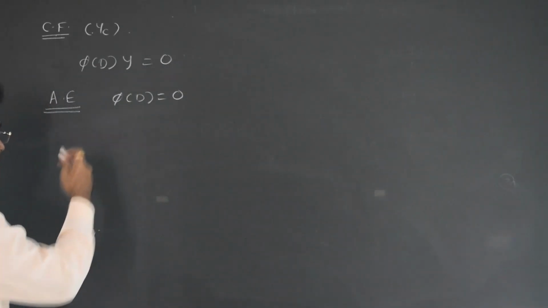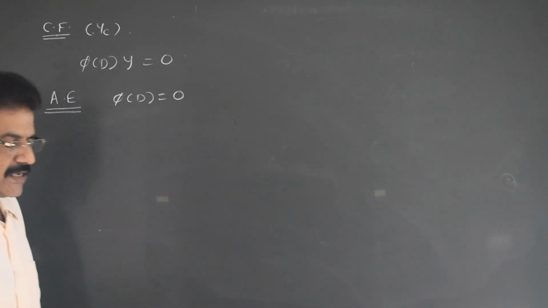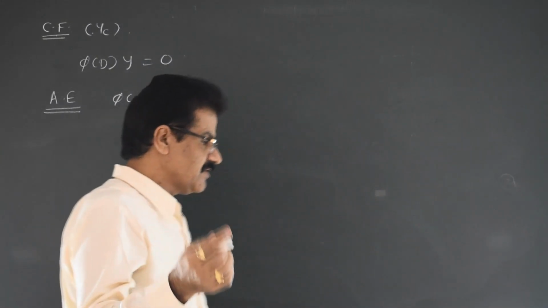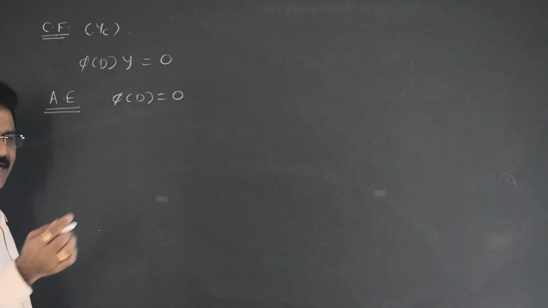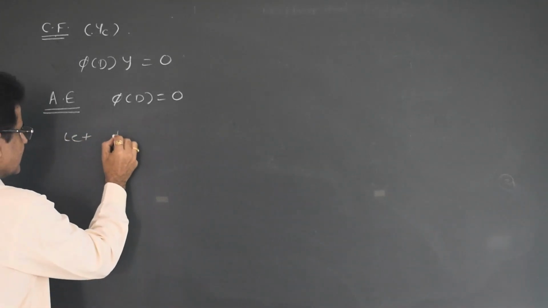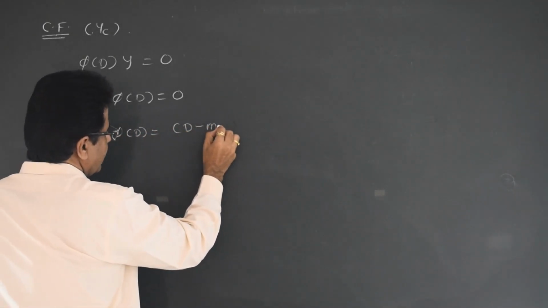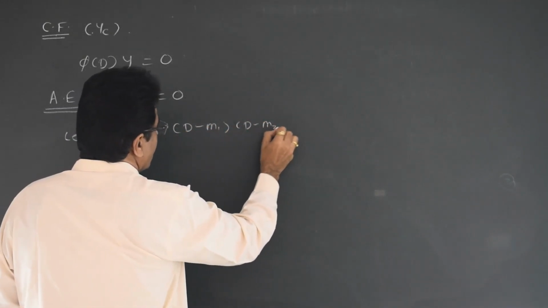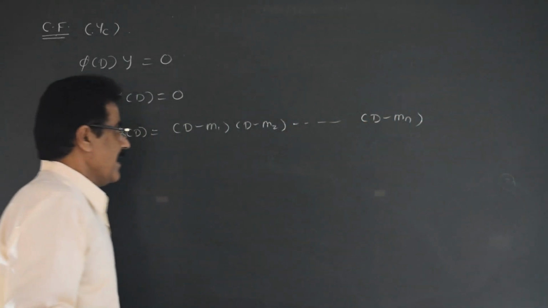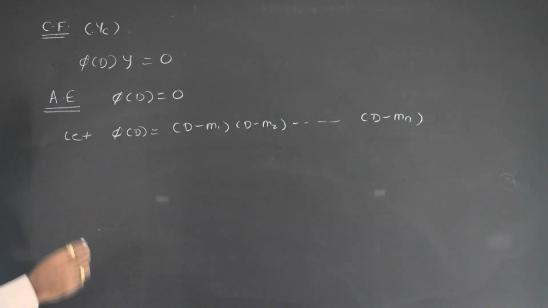So our first step is to write down the auxiliary equation φ(D) = 0 to get the factors of the polynomial φ(D). For the sake of convenience, let us assume that φ(D) = (D - m1)(D - m2)...(D - mn), where there are as many as n roots of this differential equation.